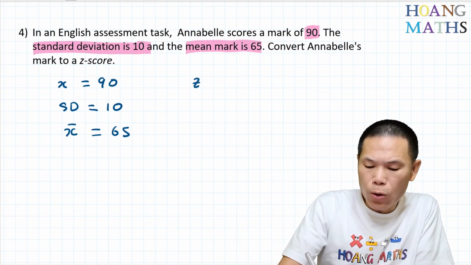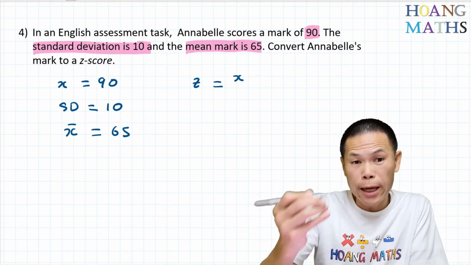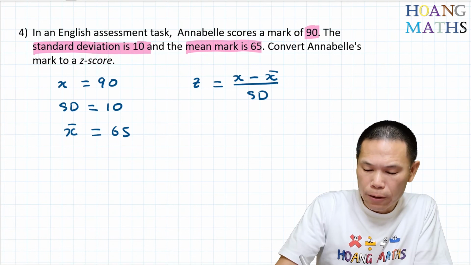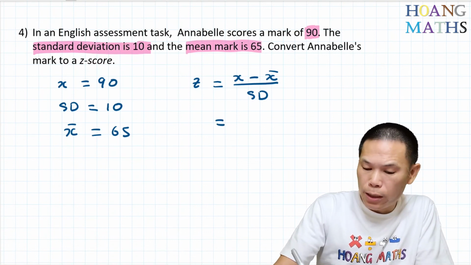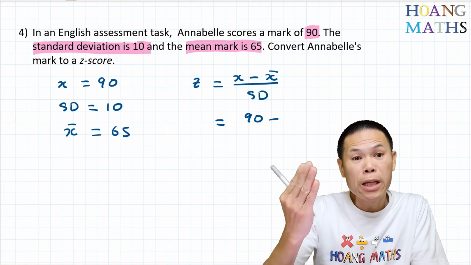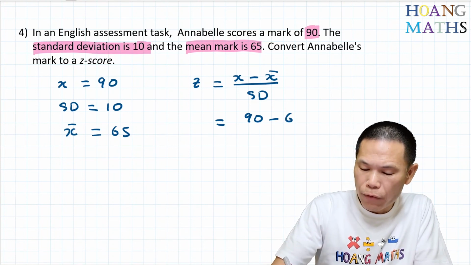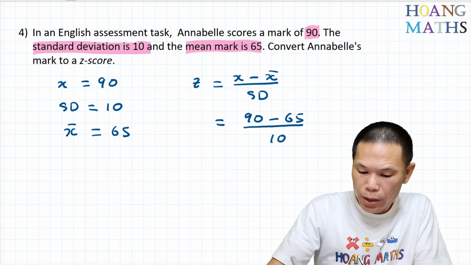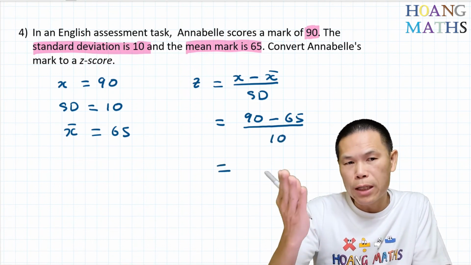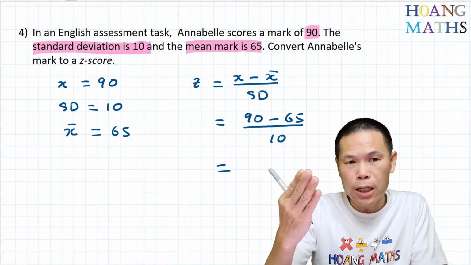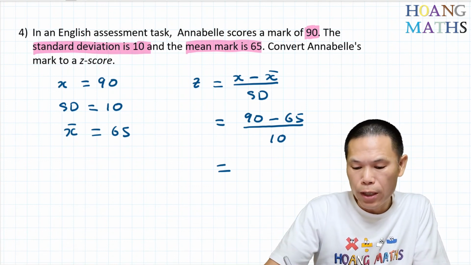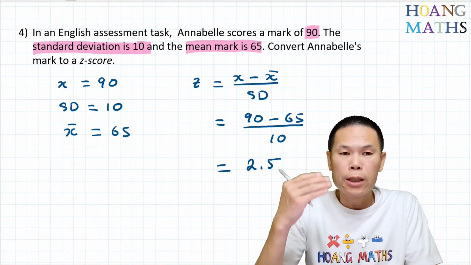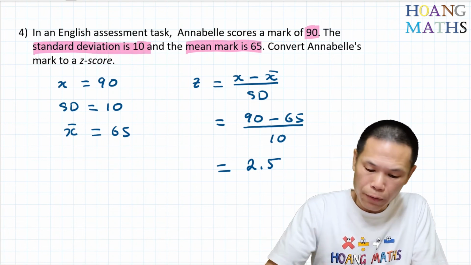So we know Z-score is equal to the raw score, X, minus the mean over the standard deviation. So X is 90, we minus the mean, which in this case is 65, divided by the standard deviation, which is 10. So we know 90 minus 65: 90 minus 60 is 30, minus 5 is 25. So 25 divided by 10 is 2.5. Therefore, the Z-score is 2.5.